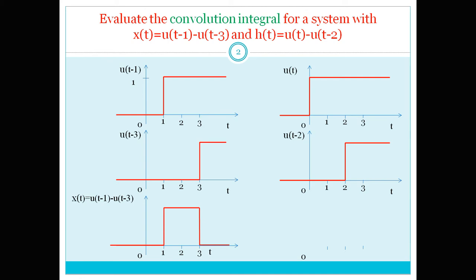So from 0 to 2 the value is 1 minus 0 is 1, and from t greater than 2 to infinity the values are 1 minus 1 is equal to 0. So the final h of t will be like this. h of t is equal to u of t minus u of t minus 2.